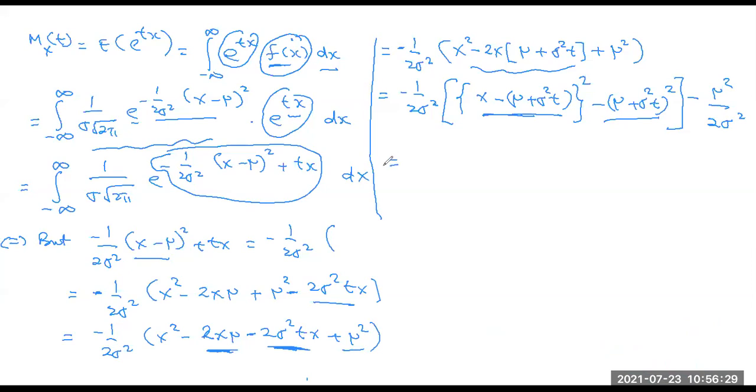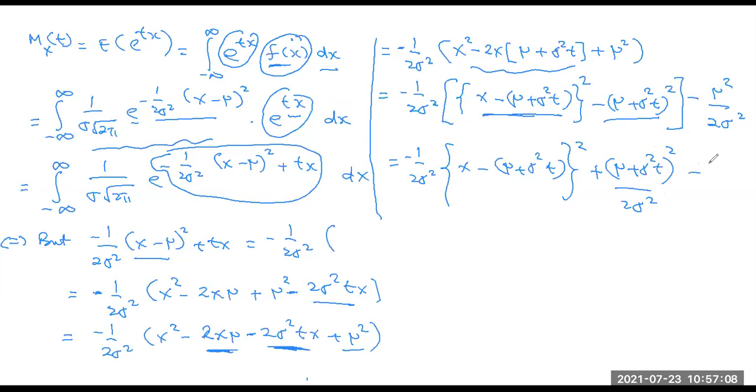So this one is equal to -1/2 sigma squared into x minus mu plus sigma squared t, this one all squared, plus, we're opening the brackets, this is a minus times a minus so it becomes a plus, so plus mu plus sigma squared t, squared, divided by 2 sigma squared, minus the last term here, which is mu squared by 2 sigma squared.